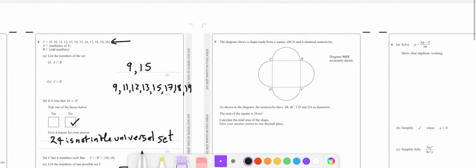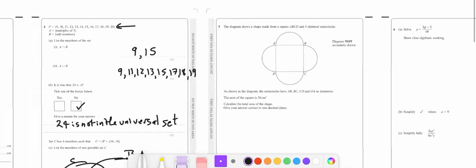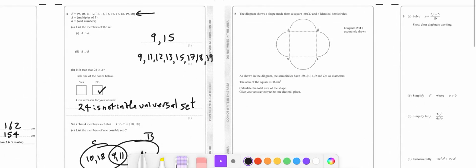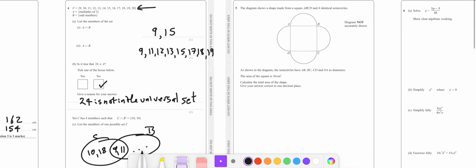The diagram shows a square with semicircles around it as shown in the diagram. The square's area is 36, calculate the total area of the shape. So the area is 36, which means that each side length is going to be 6.